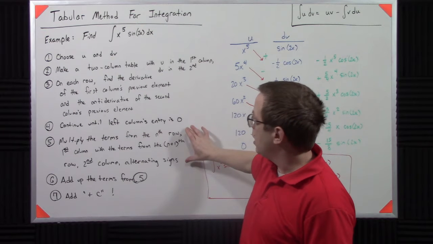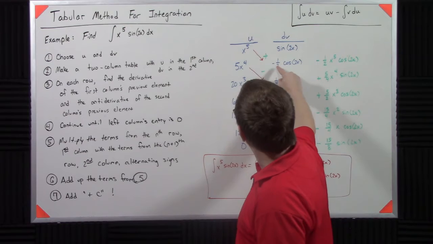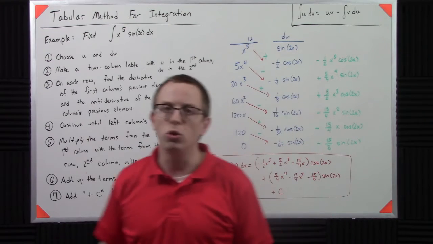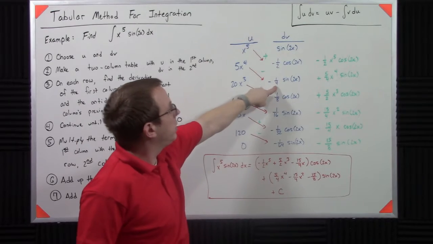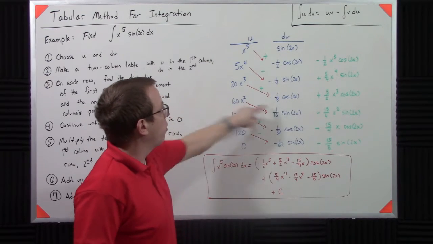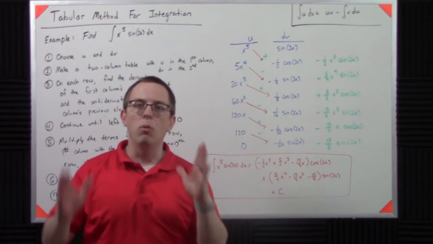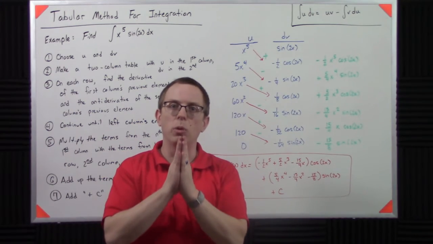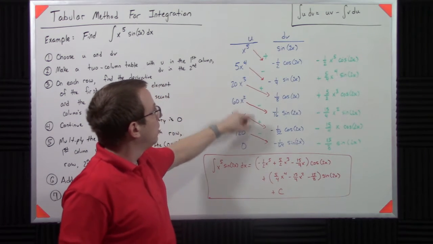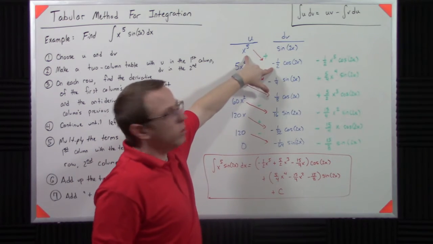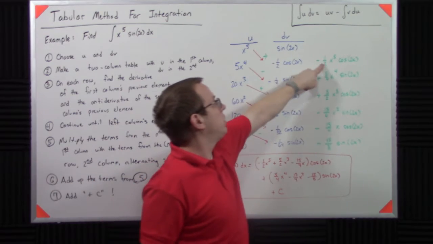Then what we do is we take the rows and we go kind of catty-cornered. The arrows aren't drawn super well, but you go one down, you go over and down, and you match up these terms. And we're going to multiply those terms together, but we're going to alternate the signs. So in this particular case, this had a negative, but the sign is positive, so it stays.